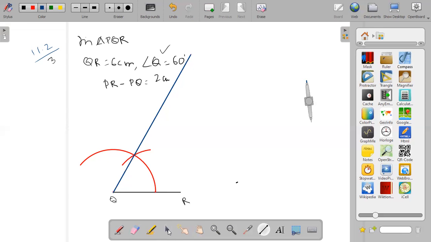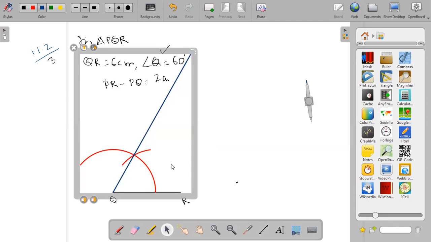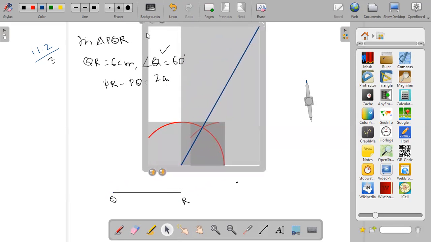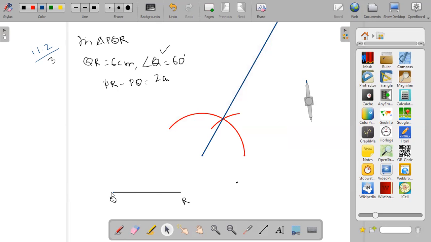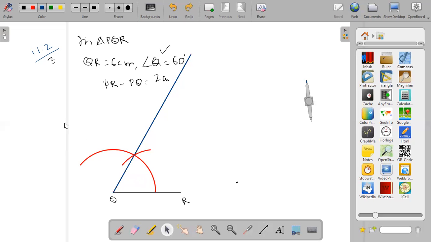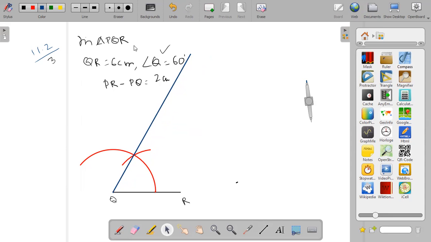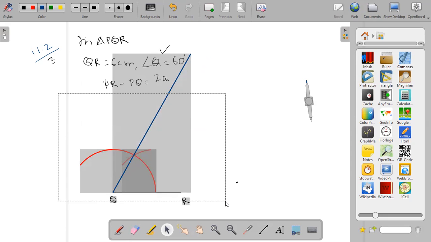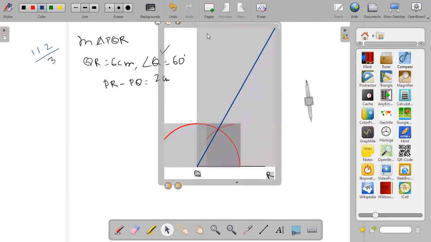But we need to extend the back side, so we should move the figure somewhat up, bring the figure this side so that we can extend the back side.